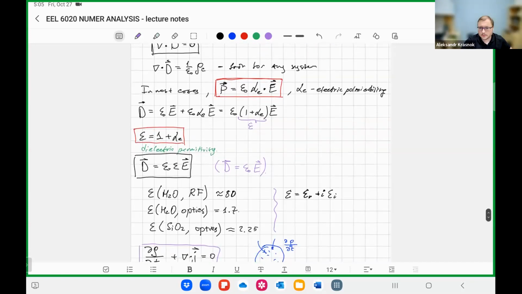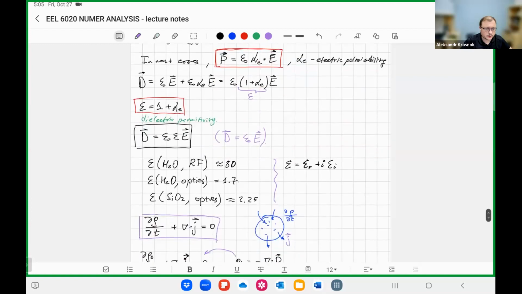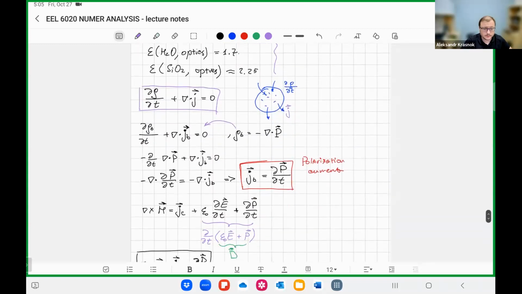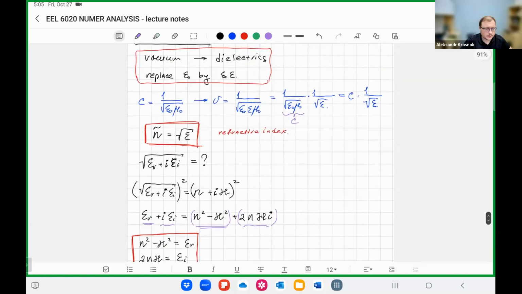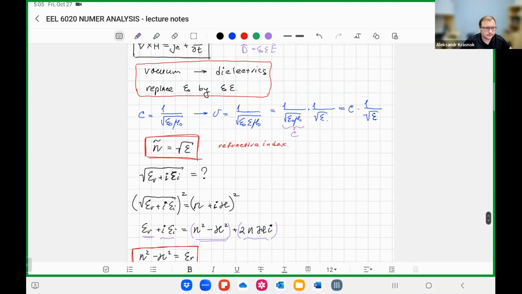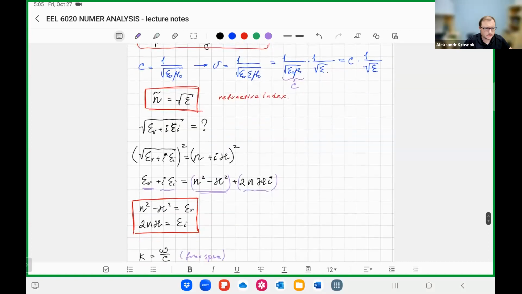The stronger the polarization, the larger the permittivity. So the stronger the change of the field in a medium, the larger the electric permittivity.